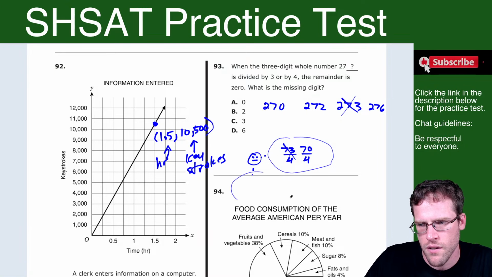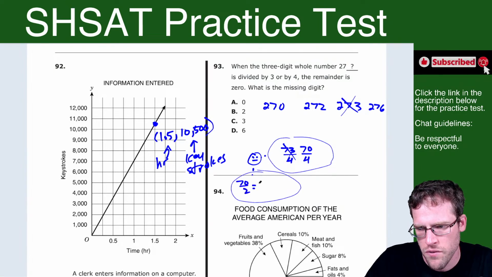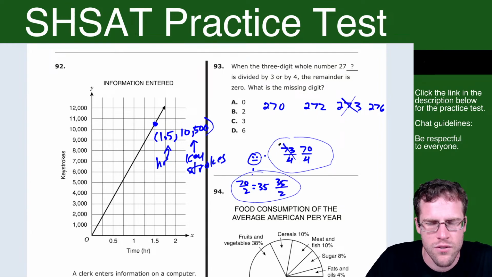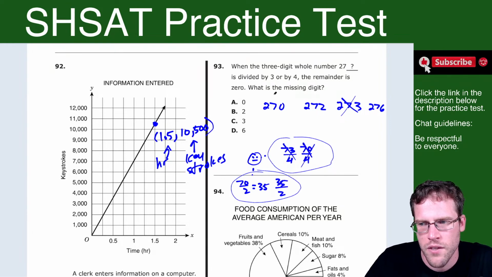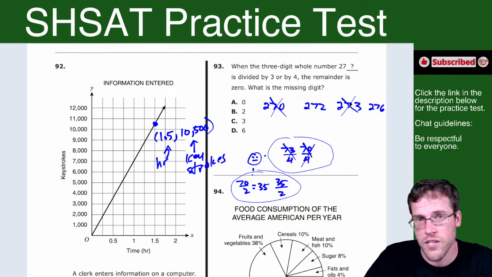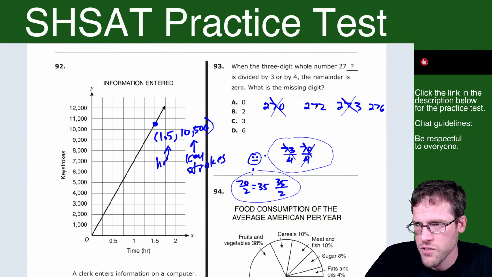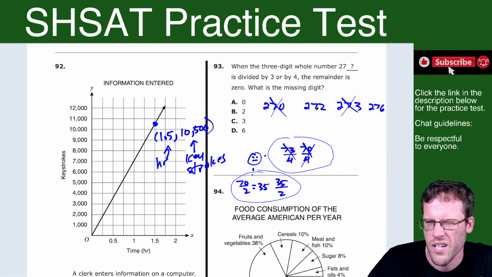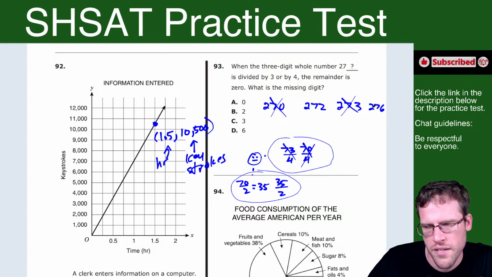If I did 70/2, that's 35. But then if I try to do 35/2, not divisible by 2 evenly. So this one's out. 72 and 76, these two are divisible by 4. 72 divided by 4 is 18, and 76 divided by 4 would be 19.